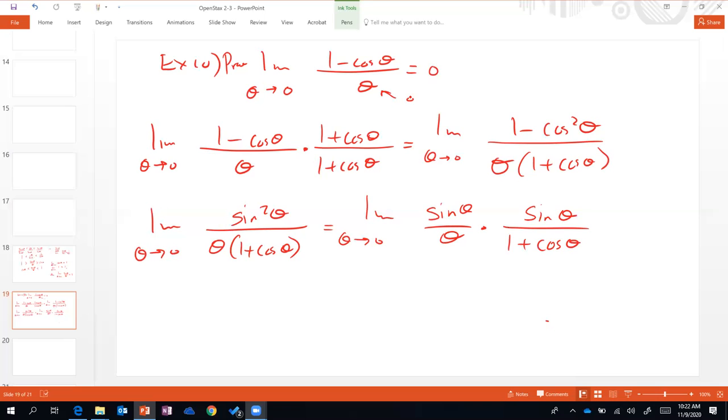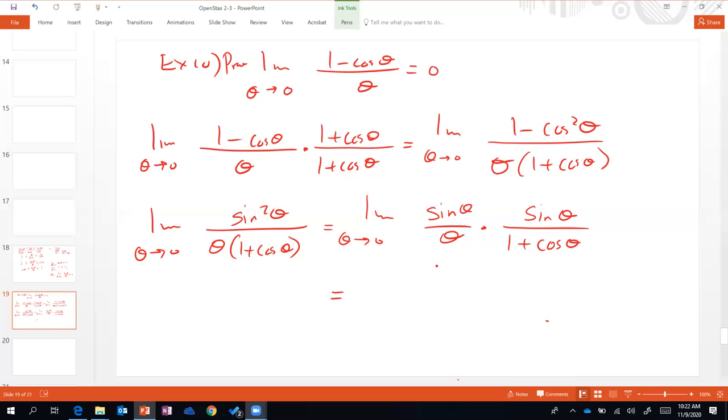But if you plug in 0 to sine theta, it's a 0 on top too, so it doesn't have to become 0. As long as the 0 is on top, you're fine. You just can't have 0 at the bottom.